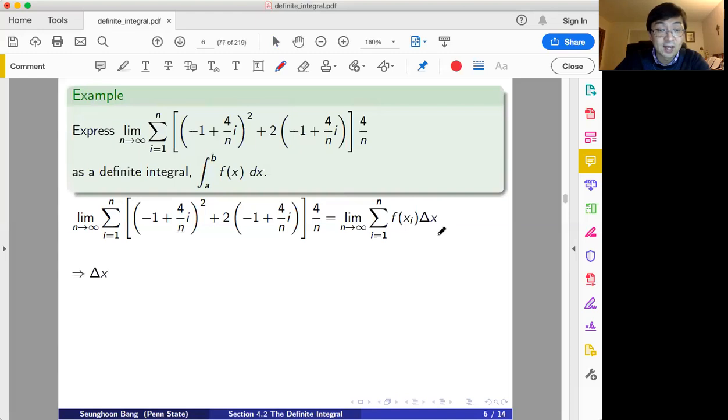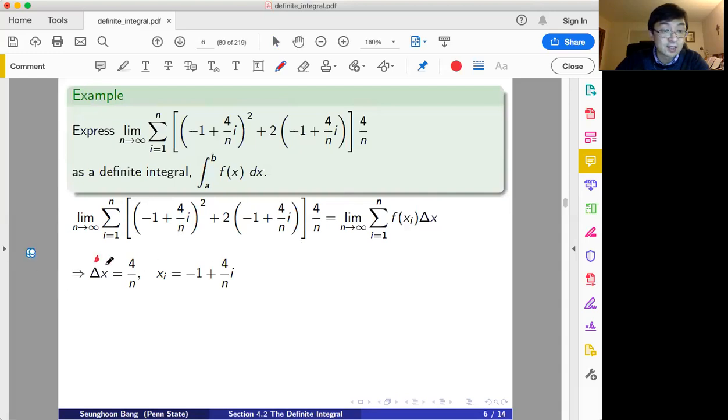What is delta x? This delta x is exactly 4 over n. What is xi? This xi is exactly minus 1 plus 4i over n. We have the same expression, minus 1 plus 4i over n. This is xi. So you can use the definition of delta x.